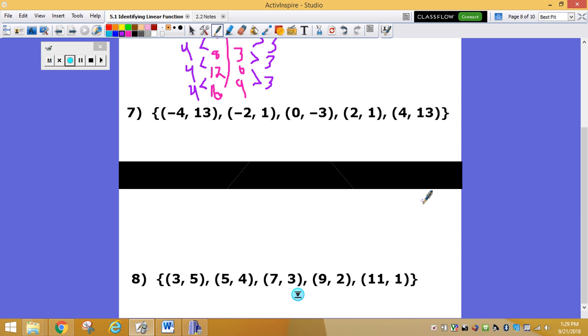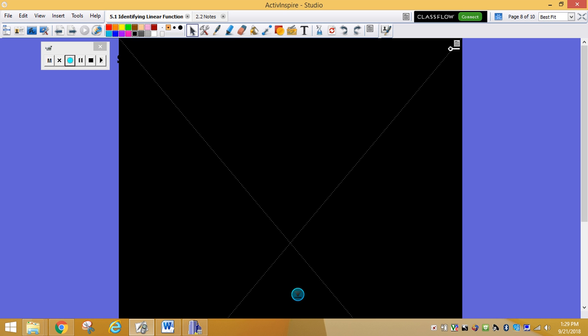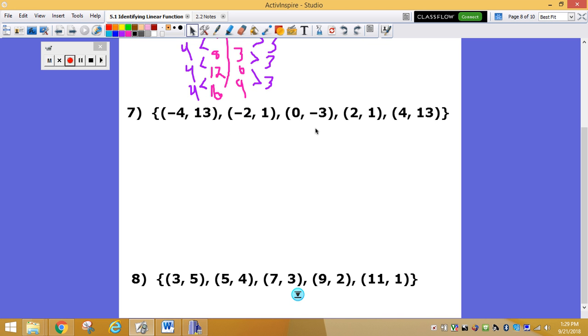All right, let's do example 7. Let's make a table.